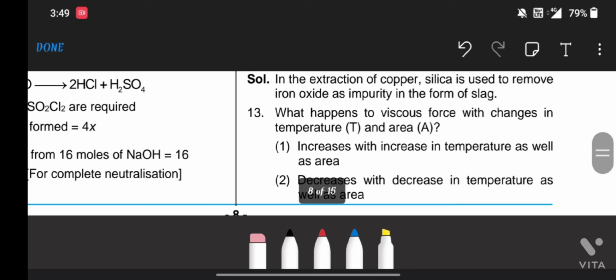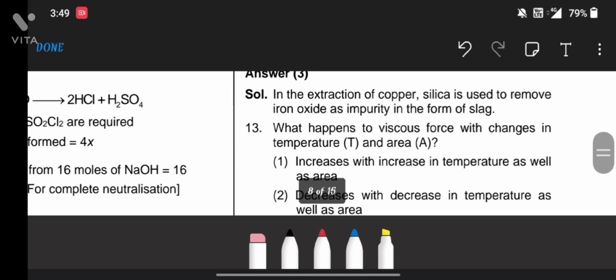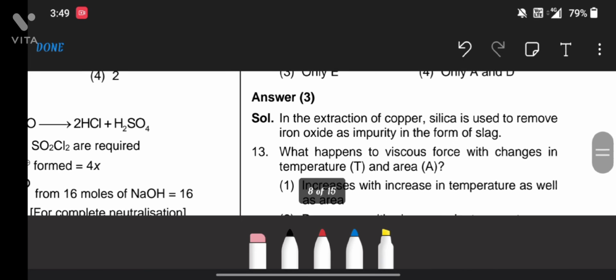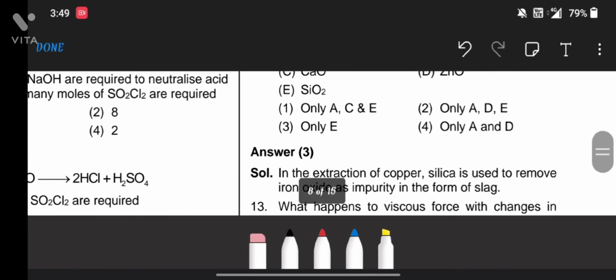So in the extraction of copper, silica is used to remove iron oxide impurity in the form of slag. It will become slag and the impurity comes out from the copper.